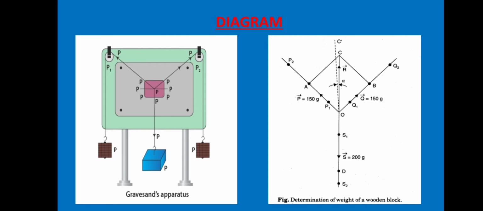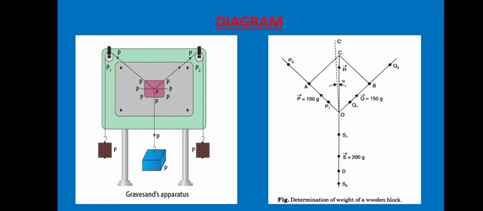The unknown weight is shown by the blue color. The 2 known weights are shown by brown color. They are hanging by means of pulleys, preferably frictionless pulleys, by inextensible light strings.